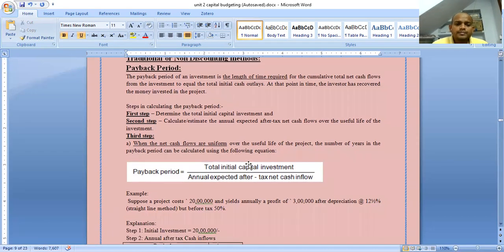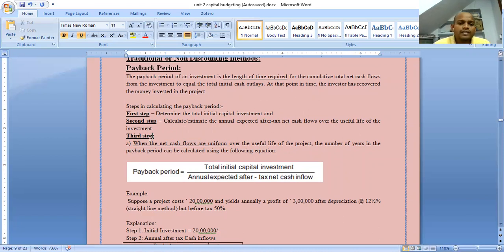And the third step, when the net cash flows are uniform. From the third step, it will be different. If the cash inflows are uniform in nature, the calculation will be different, and if cash flows are not uniform, the procedure is different.